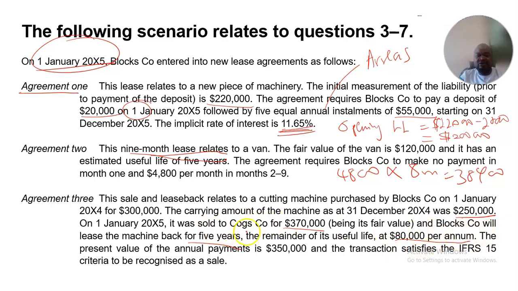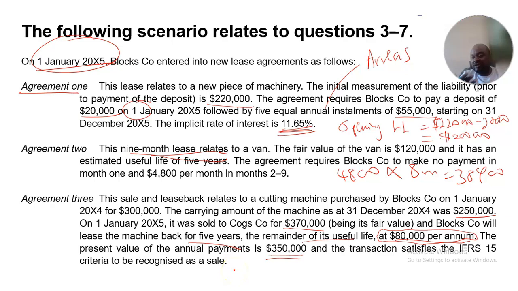They're saying that it was sold to Cogs Co for 370,000, being the fair value, and Block Co will lease the machine back for 5 years, the remainder of its useful life, at 80,000 per annum. So these are the annual lease payments, and the present value of the annual payments is 350.